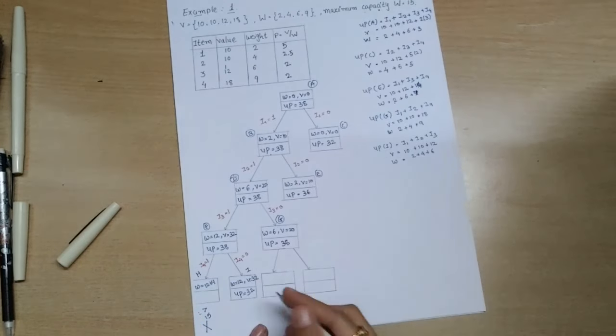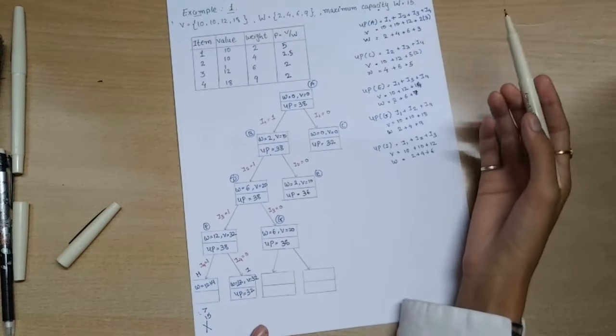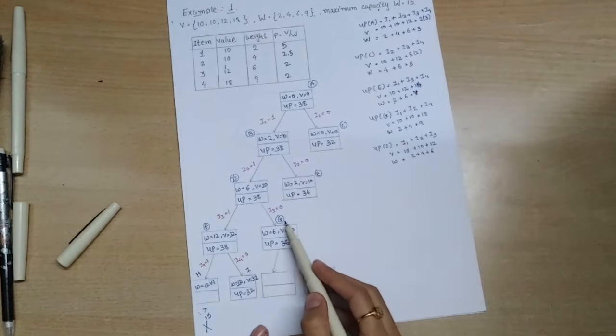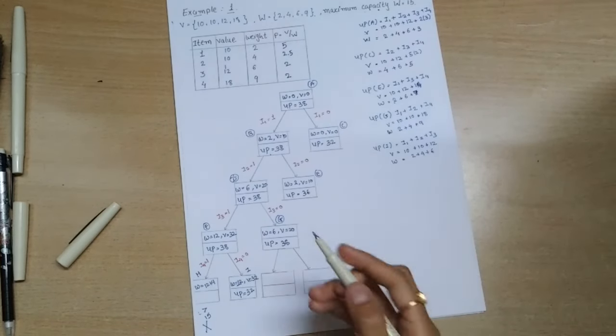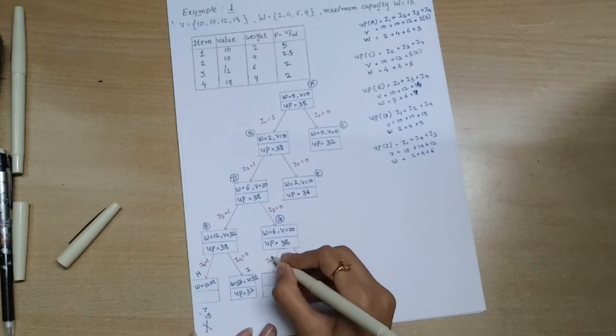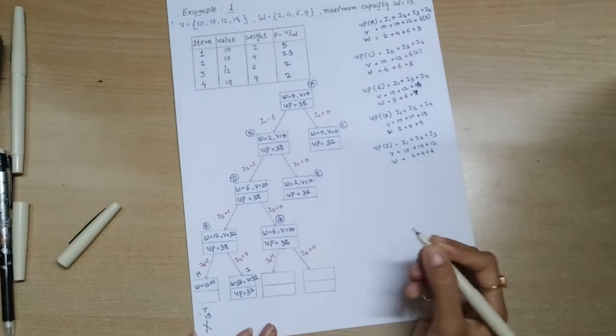Now here our weight is less than the capacity of the knapsack. We have another option, that is node G. We have to explore it. Let's consider item 4 here and not consider item 4 here.